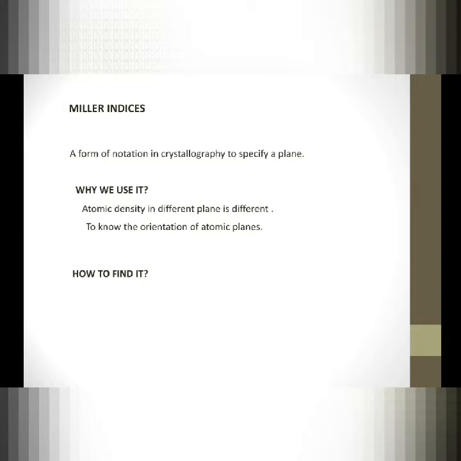For that, we have to know 3 points. First point is the intercept, that is the intercept of a point. Then take the reciprocal of that intercept, and third, if the reciprocal is a fraction, then convert it into an integer.